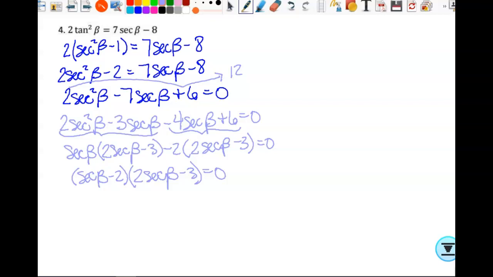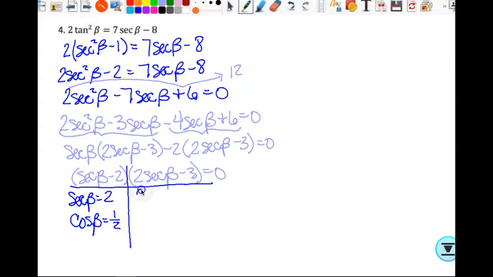Then I'm going to do my zero product property here. And this gives me secant beta equals 2. What is secant the reciprocal of? Cosine. So really this is cosine beta equals 1/2, right?